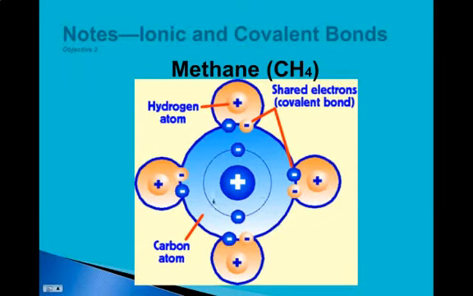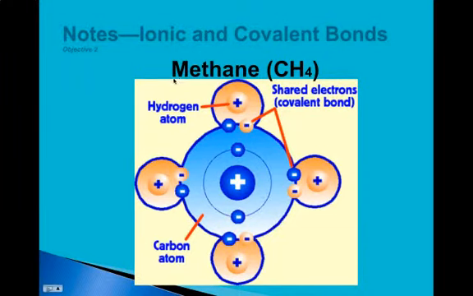Carbon has 2 electrons on its inner level, so on the outer level it needs 8. Let's count them. 1, 2, 3, 4, 5, 6, 7, 8. Carbon is now full and stable. I want you to take a second and draw this exactly how it's posted there on the screen.